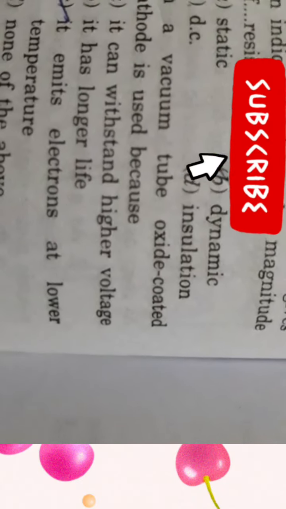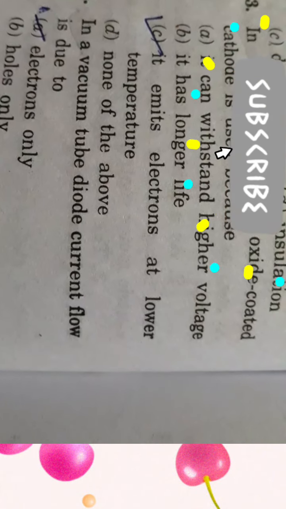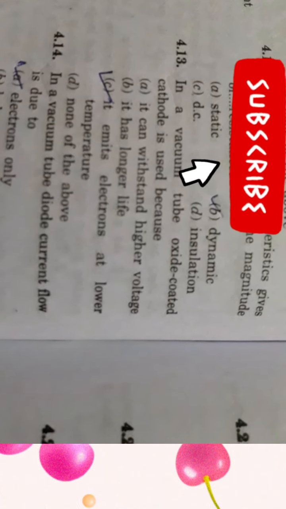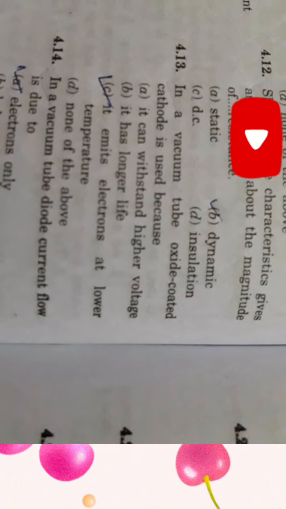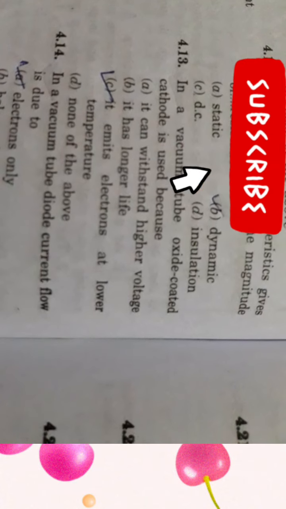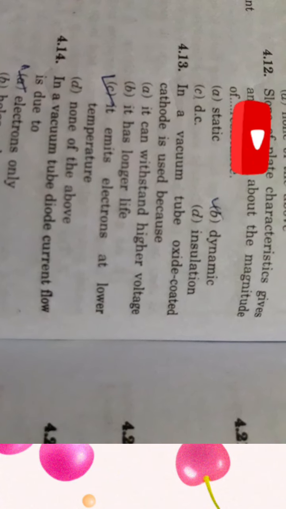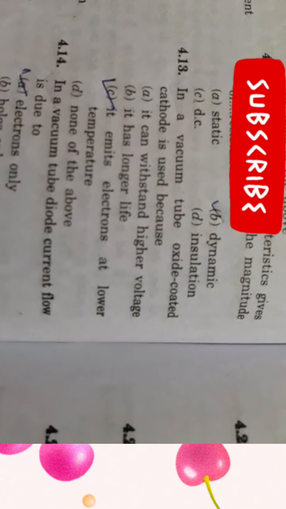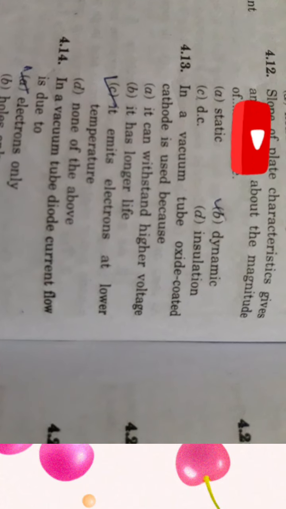In a vacuum tube, an oxide coated cathode tube is used because it can withstand higher voltage, it has longer life, it emits electrons at lower temperature, none of the above. It emits electrons at lower temperature.